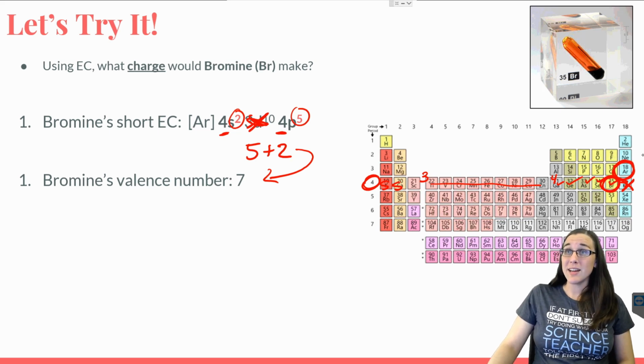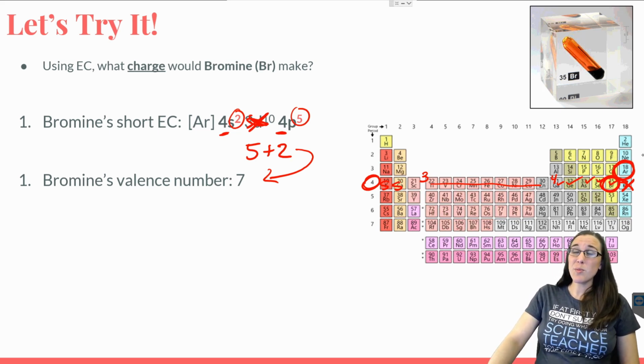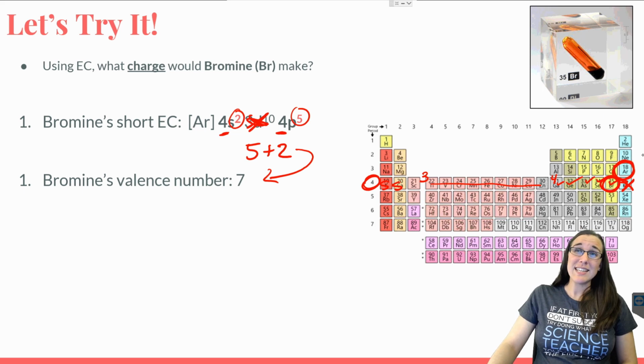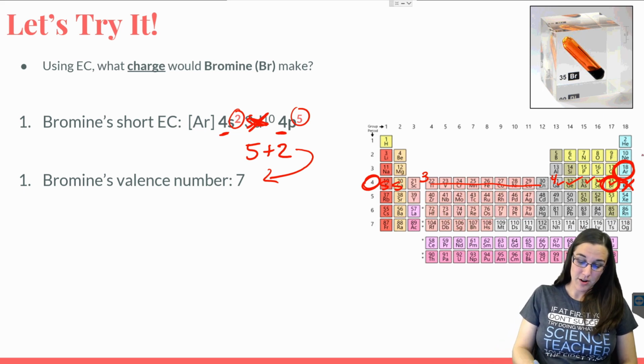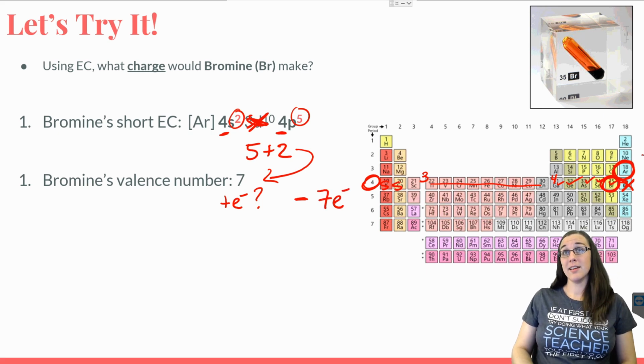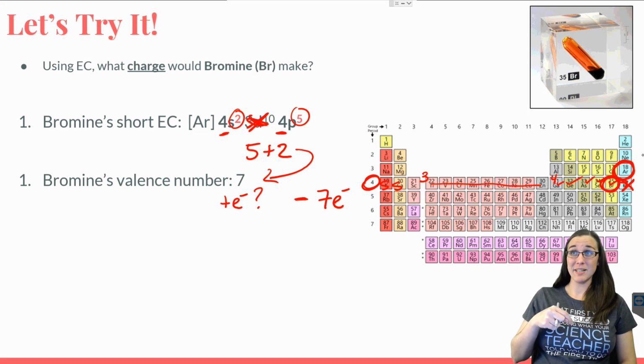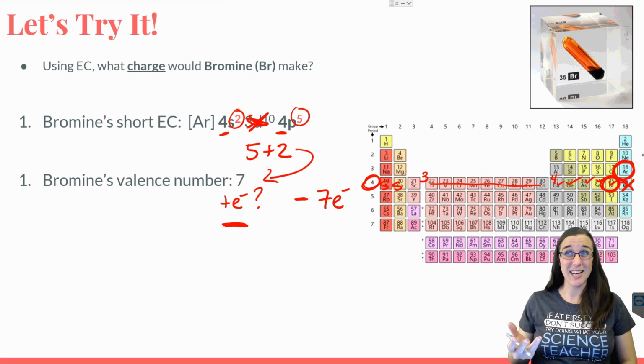From there, we need to figure out, well, what would bromine rather do? If it needs to get to 8, would it rather gain an electron? So would we rather add an electron, or would we rather subtract 7 electrons to have it back to 0, have the shell before it have the 8? It might be easier just to gain 1 electron than lose a whole 7.